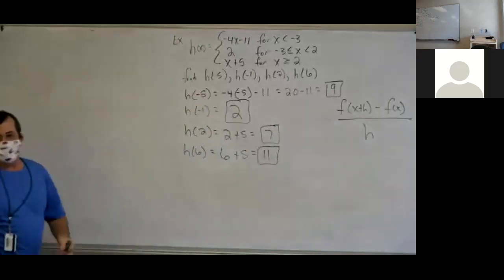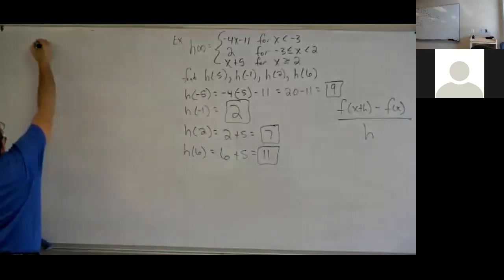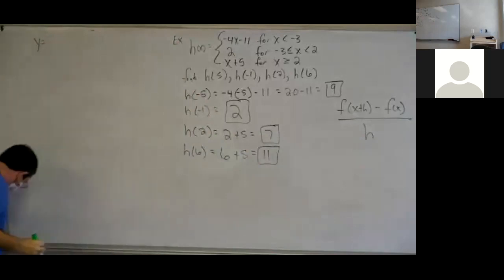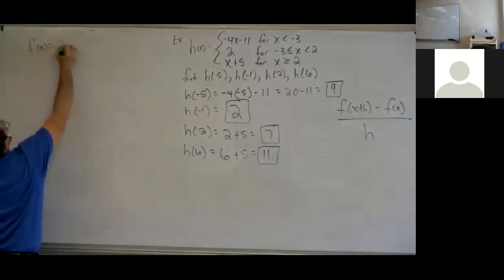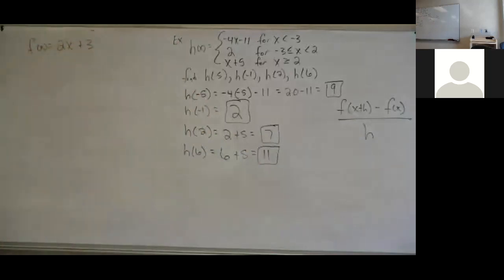I'll do an easy one. I'll do just a straight line. So I'm going to make it an F of X. Say F of X equals 2X plus 3. Now, y'all used to remember the y was mx plus b, the m was going to be my slope.